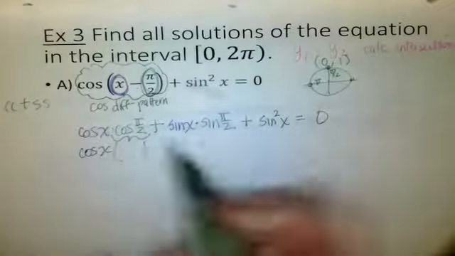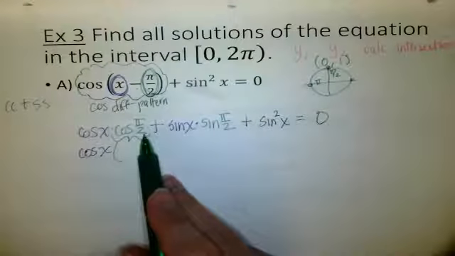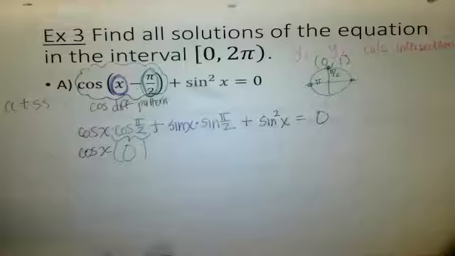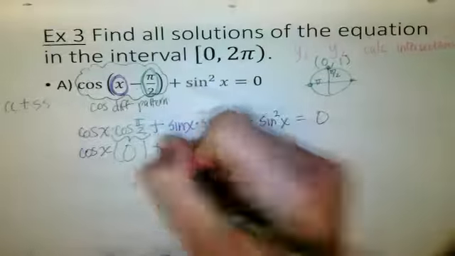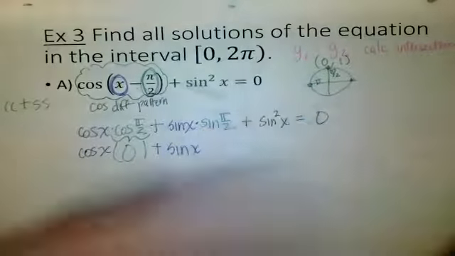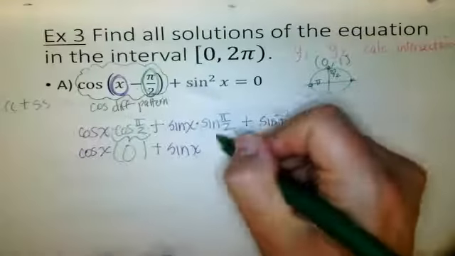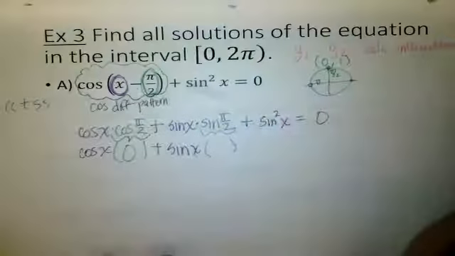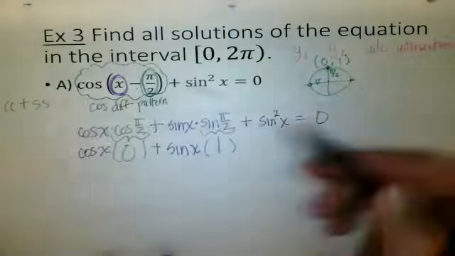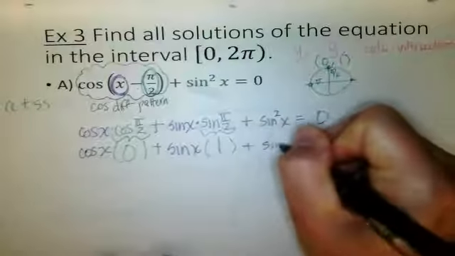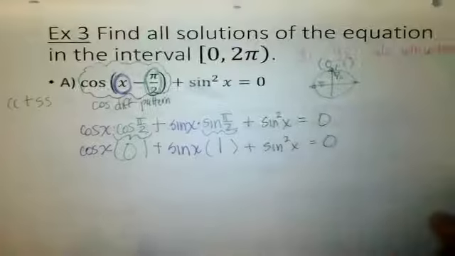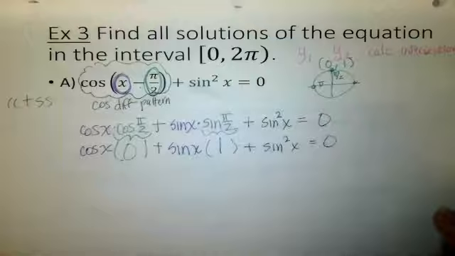But cosine at pi over 2 is 0. And then we have plus, again, I don't know sine of x, it has to stay. The sine value at pi over 2 is what? 1. And again, don't forget the rest of your equation. Sine squared x equals 0.